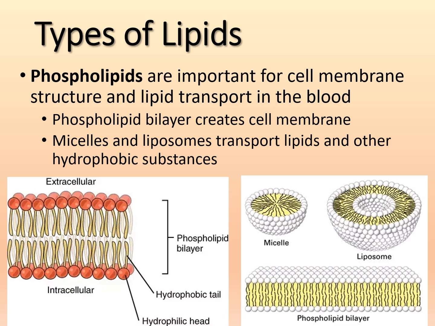That's how we get a bilayer, and it creates our cell membrane all the way around. On one side you have extracellular, outside the cell, usually fluid, and then intracellular, inside the cell, which is also fluid, water.